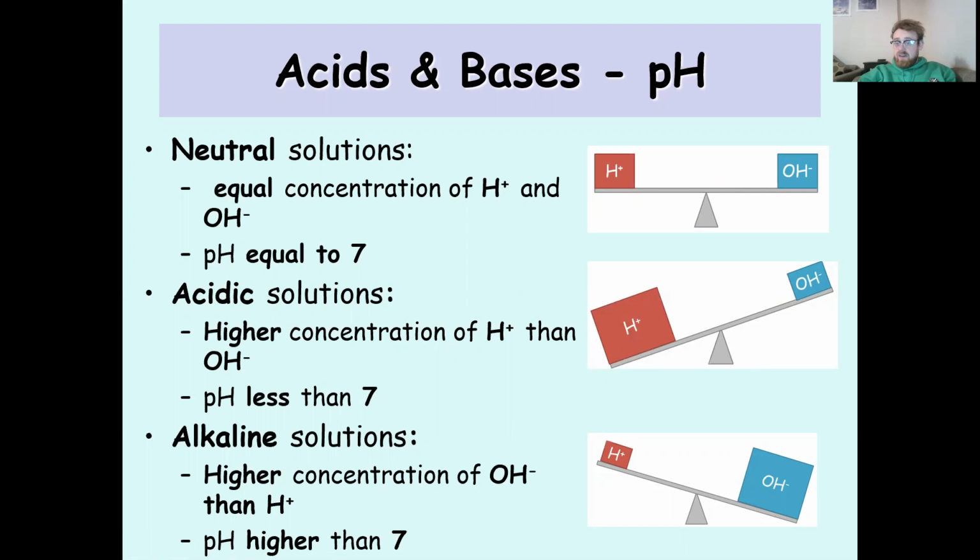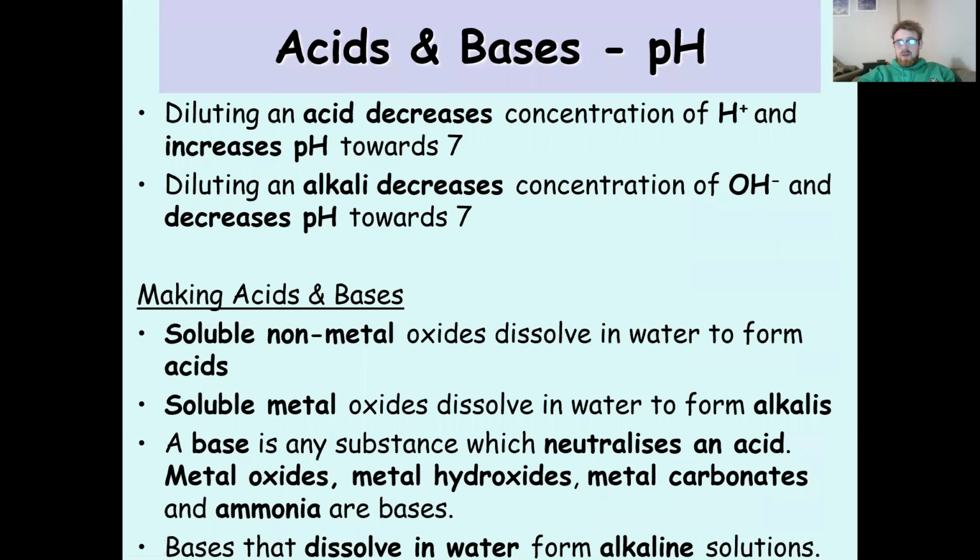Remember, it doesn't just have hydrogen ions. It has more hydrogen than hydroxide ions. Alkaline is the opposite. It has more hydroxide than hydrogen ions, pH higher than 7. Diluting an acid decreases the concentration of H+ and increases pH towards 7. And diluting an alkali decreases the concentration of OH- and decreases pH towards 7.